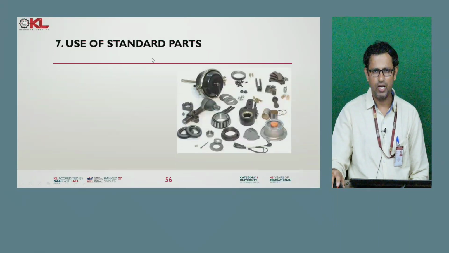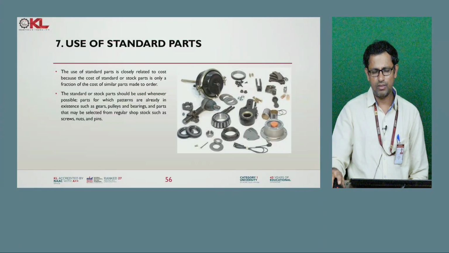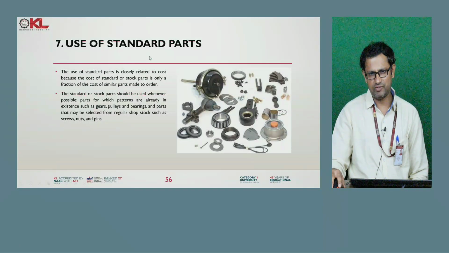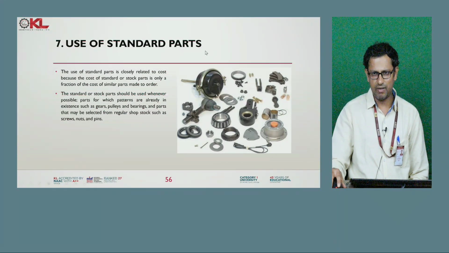And the next one is use of standard parts. So, for example, if I have a shaft of 11 mm diameter in my design, but that 11 mm diameter is not a standard part, still you can fabricate or you can manufacture that 11 mm shaft, but whenever any breakdown or whenever any damage happens, the replacement of that 11 mm shaft is very difficult, because that 11 mm is not a standard dimension.